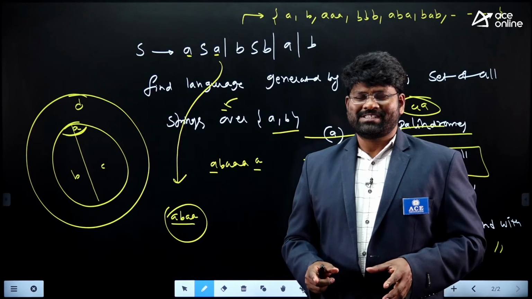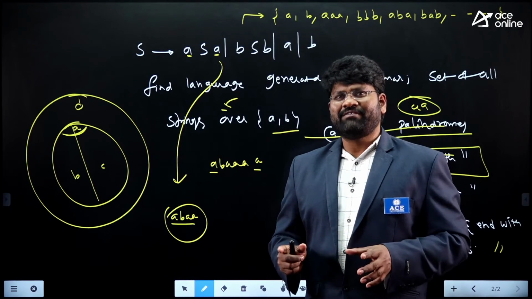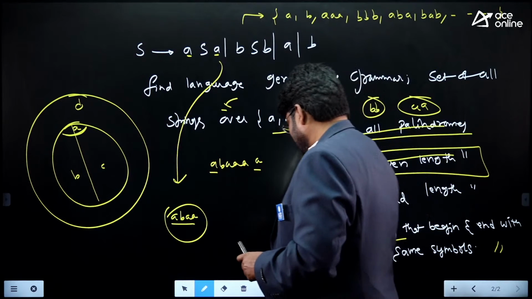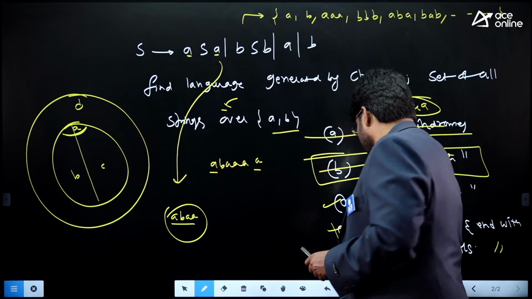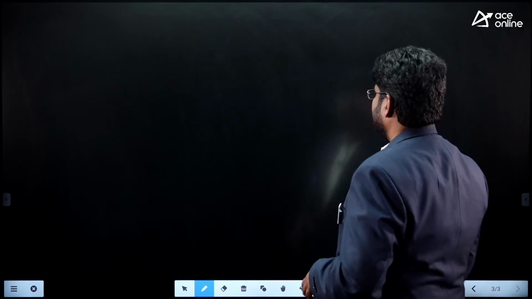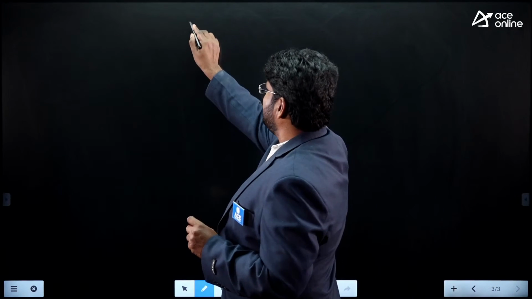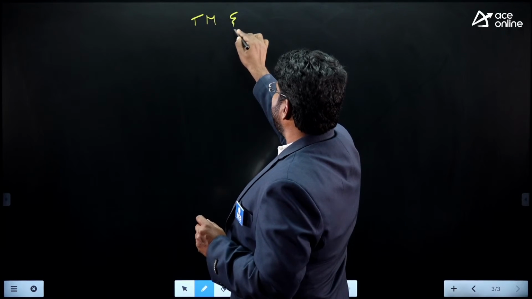Do the proper analysis, and you will be very successful here. Once you've done this, the next step is to go to the topic of Turing machines and undecidability.